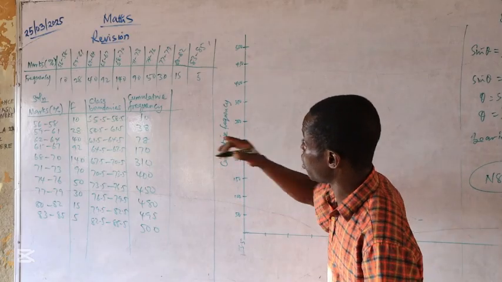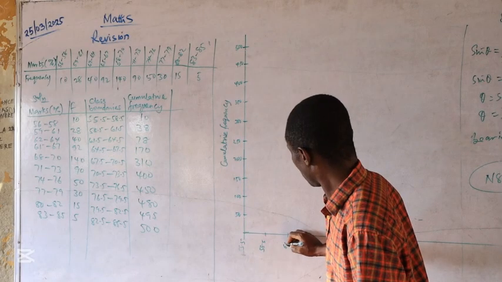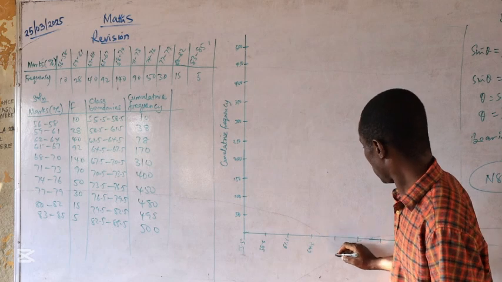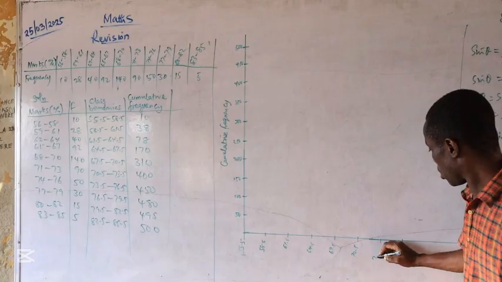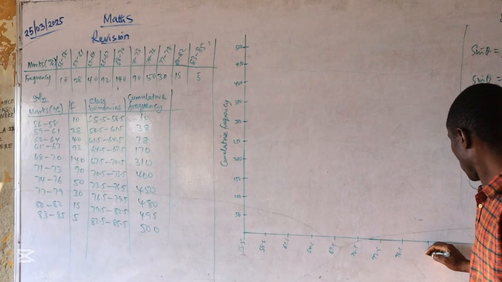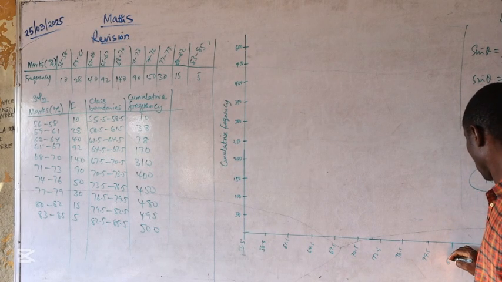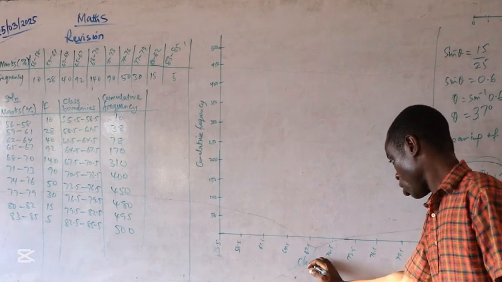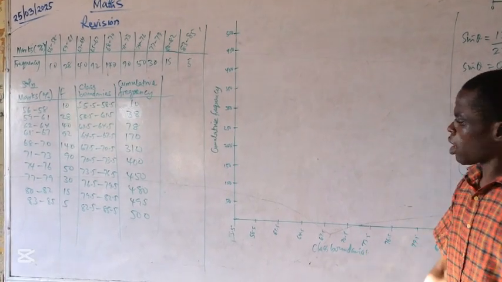So the first one there is 58.5, 61.5, 64.5, 67.5, 70.5, 73.5, 76.5, 79.5, 82.5, and the last one is 85.5. These are the upper class boundaries. You get it. Class boundaries.